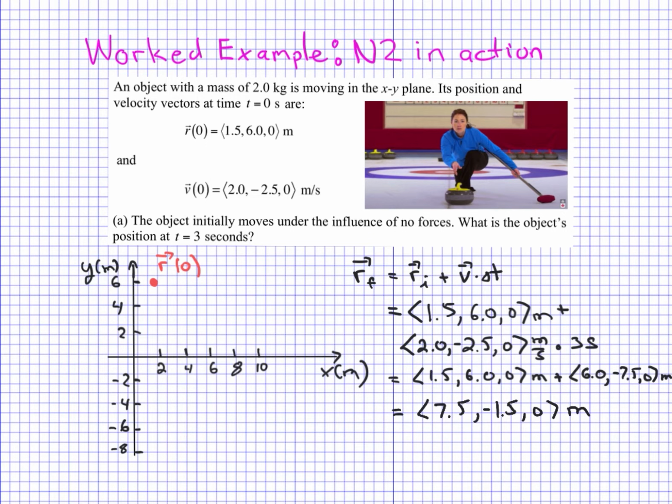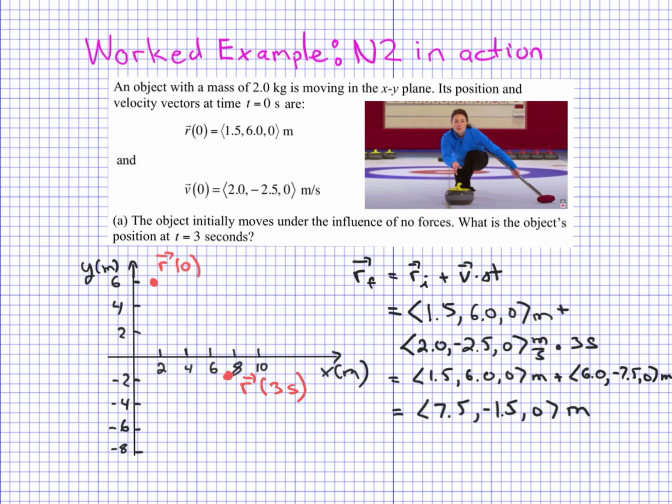So this is the final position, the position at a time of 3 seconds. An x coordinate of 7.5 and a y coordinate of minus 1.5. So that puts the position at a time of 3 seconds, r of 3 seconds, somewhere like here.